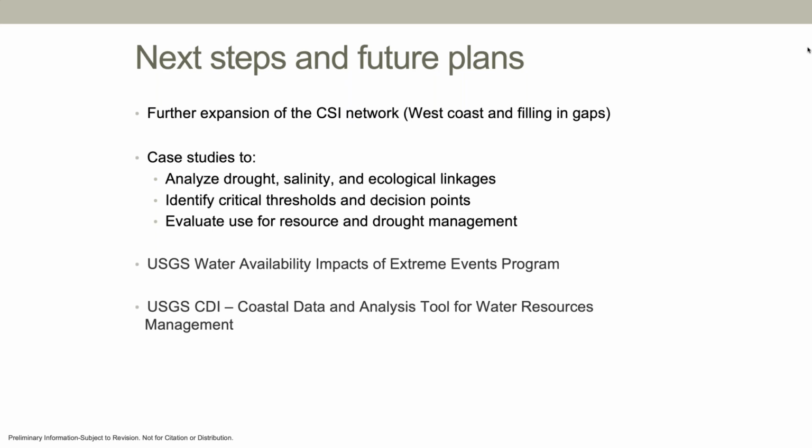And finally, a new USGS Community for Data Integration project has allowed the incorporation of the CSI into a new web tool. I'm collaborating with the USGS Florida Water Science Center on this project. I'll describe this tool on the next page.